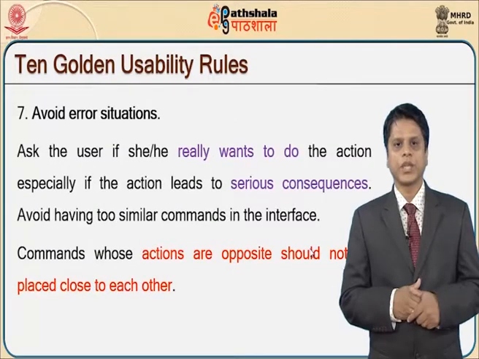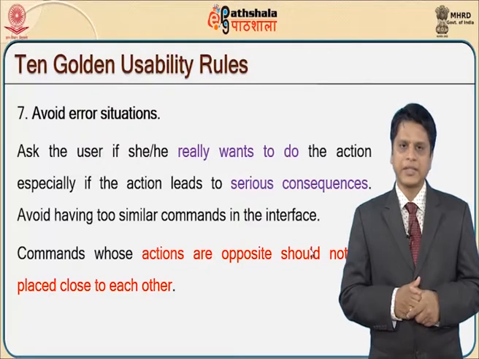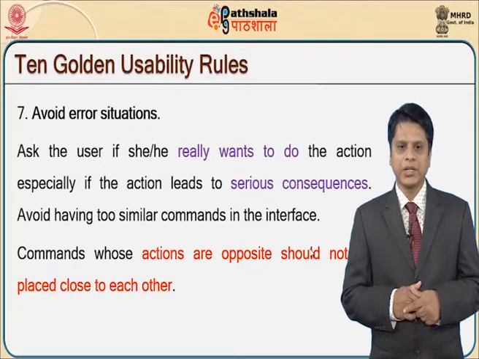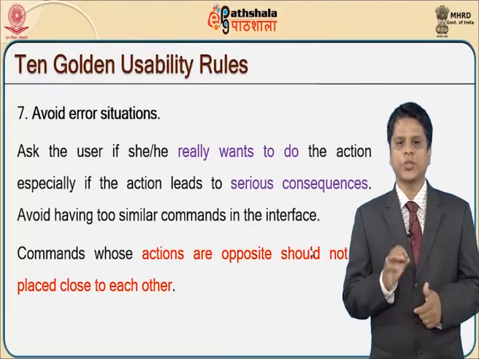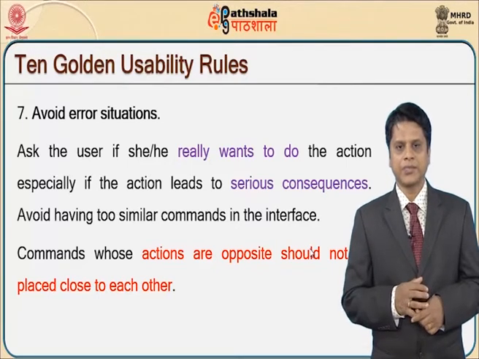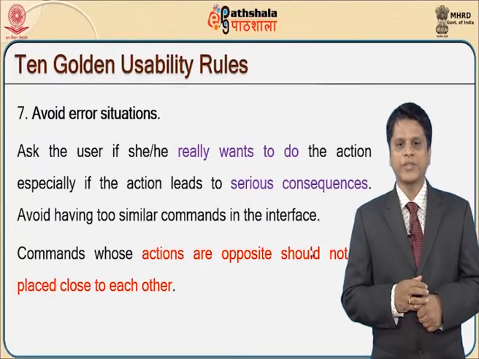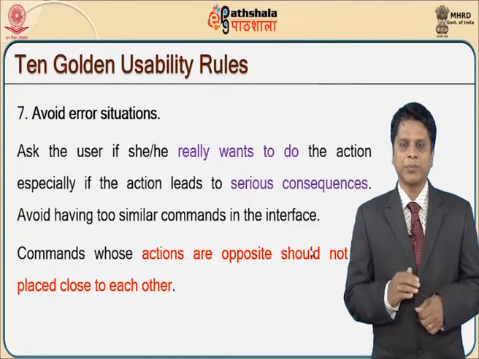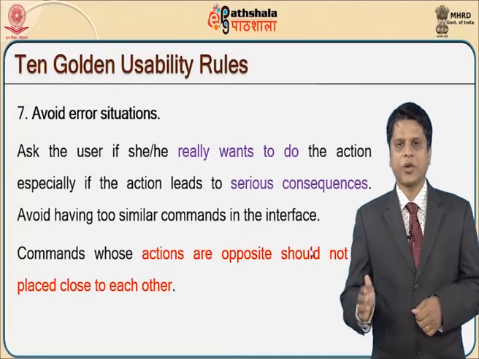Rule 7. Avoid error situations. Ask the user if he or she really wants to do the action, especially if the action leads to serious consequences. Avoid having two similar commands in the interface. You need not reciprocate with similar commands for multiple operations.